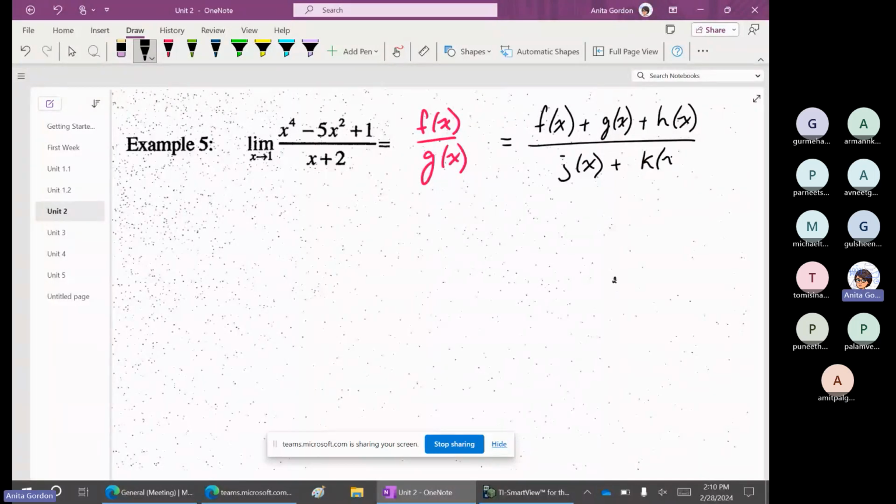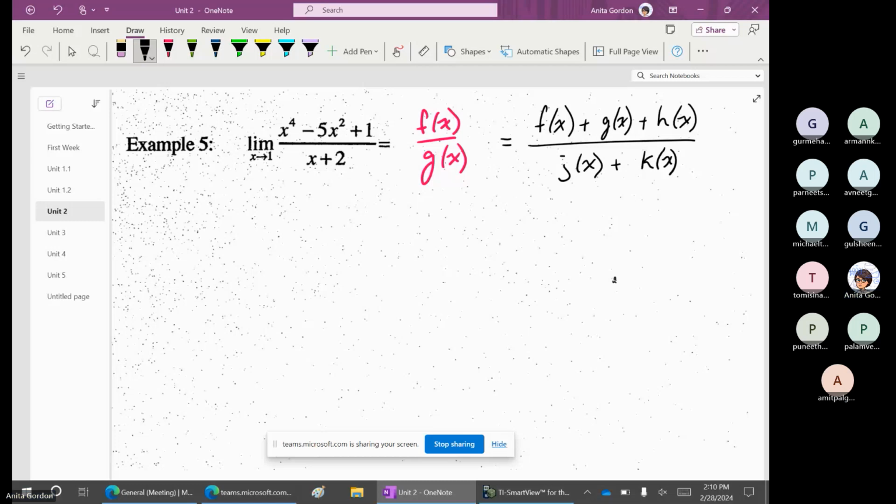K of x. You can look at it individually. You can look at it as top and bottom. You can look at it in any kind of way that you want, as long as the broken up function comes together and is still equivalent to your original function. You can use any of the laws to make your life easy, because we want to work smarter, not harder.